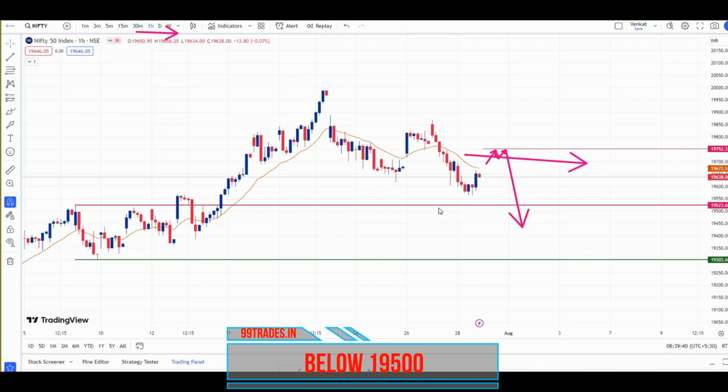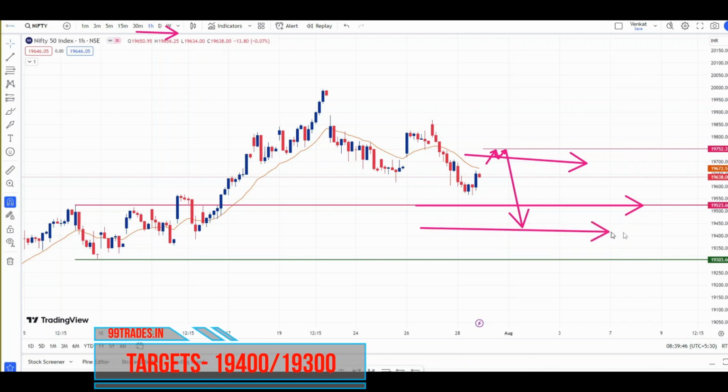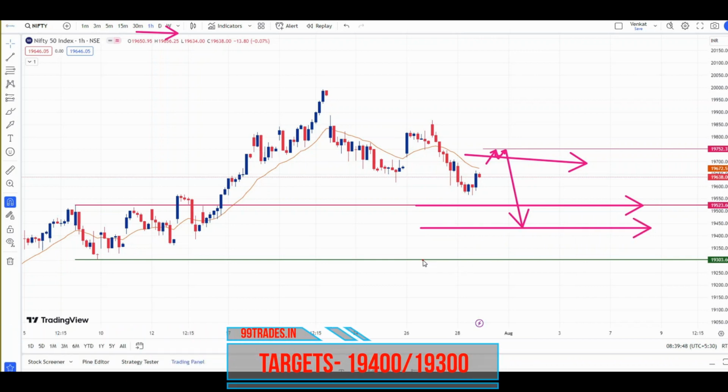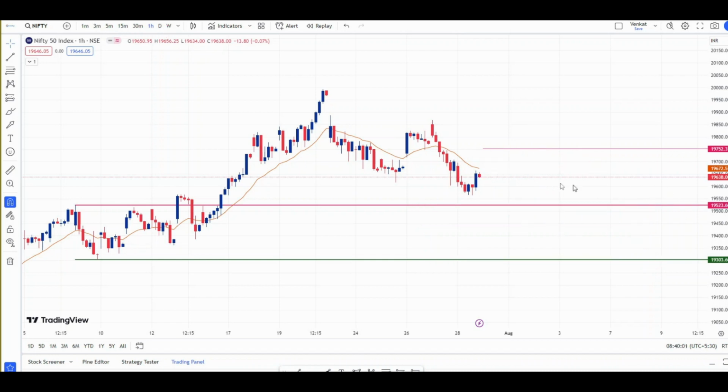The first target will be 19,500, the second target will be 19,400 and the third target will be 19,300. Even if Nifty opens flat, moves like this, tests this level and forms an M pattern, from here we will short. Even on Monday, if Nifty opens up near 19,750, from here also we will short Nifty.